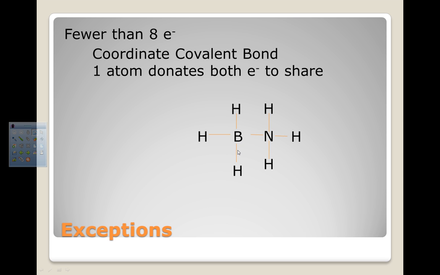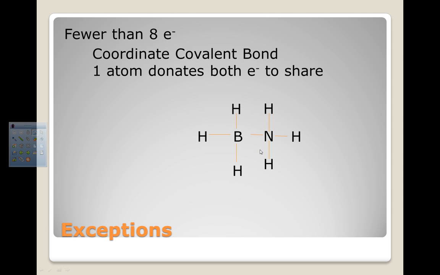Hydrogen only has 1. So how is there a bond here? The only way there could be a bond there, because boron has shared its 3 with those hydrogens, is if nitrogen, which normally has a lone pair right here, gives both of its electrons to the situation so that it can say, I've got 8, and boron can say it has 8.